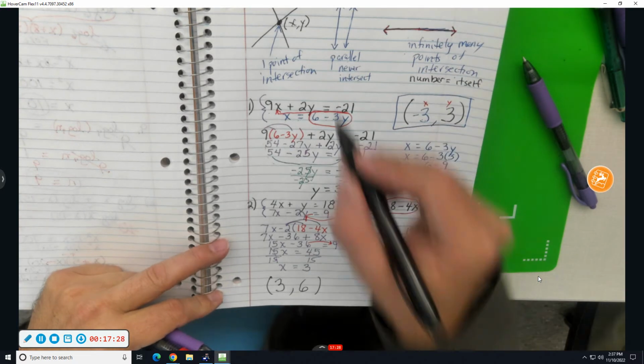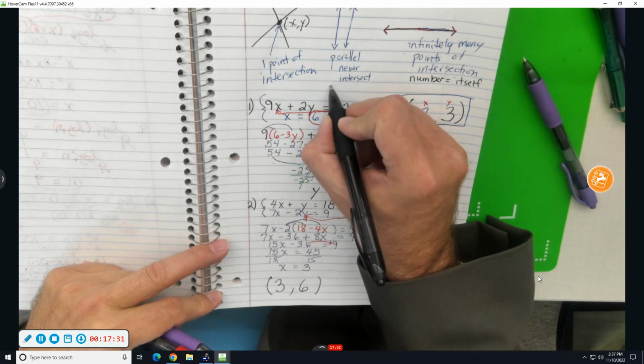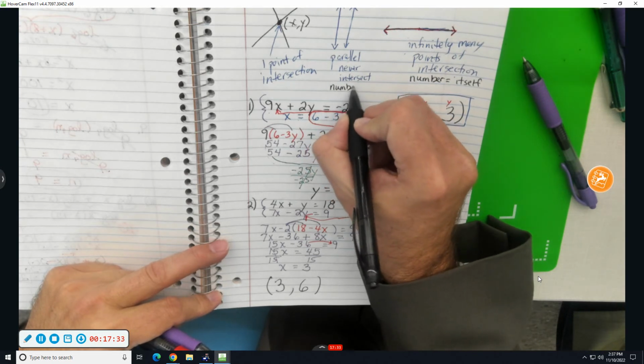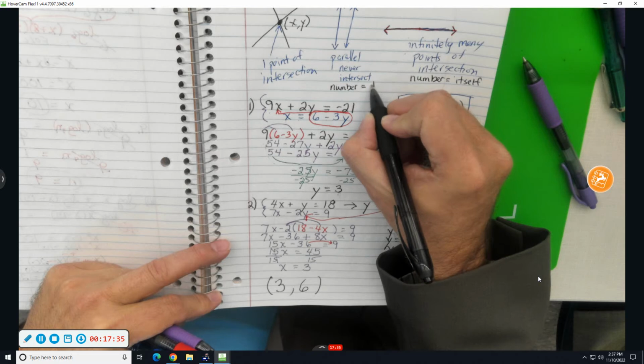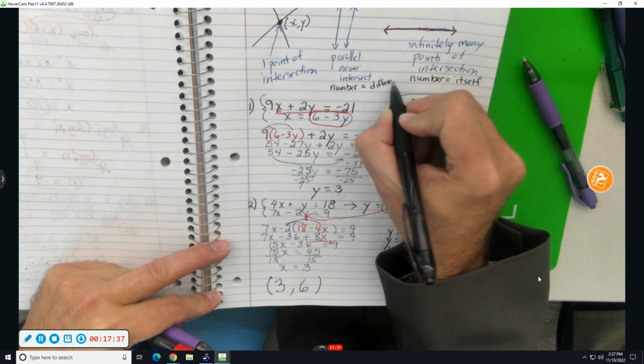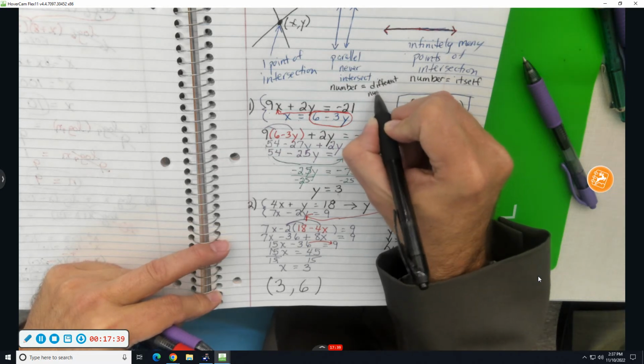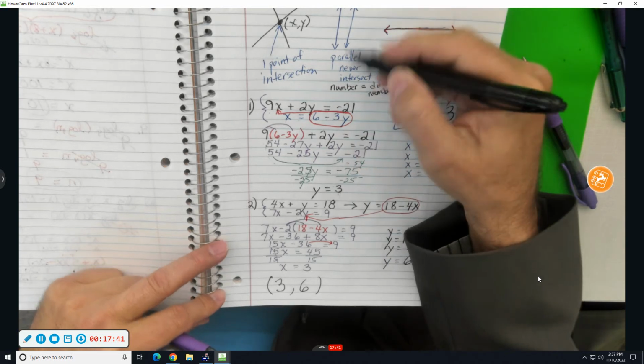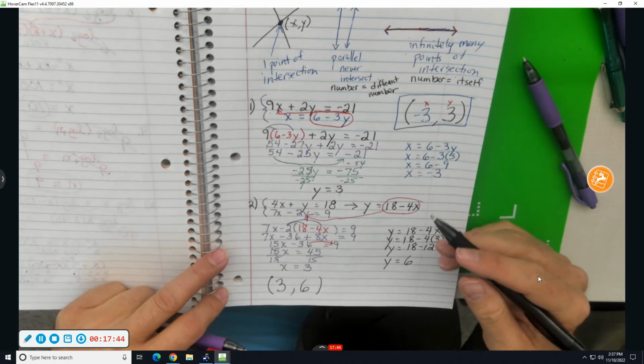If, on the other hand, everything subtracts out and you get a number equals a different number, something like 3 equals 5, that's when you're going to have the parallel, no solution.